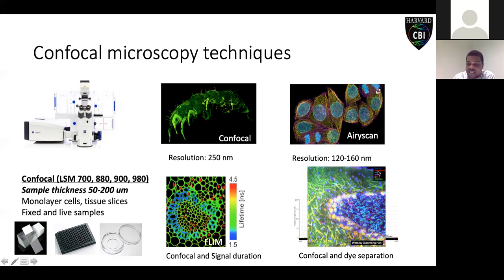And here is an example from one of our users, Xiaomen. So here you can see that we have about 6 different fluorophores, and she's able to distinguish between them in this image.